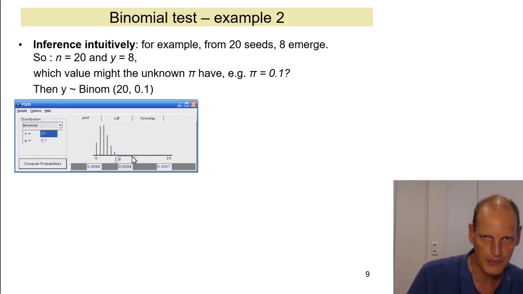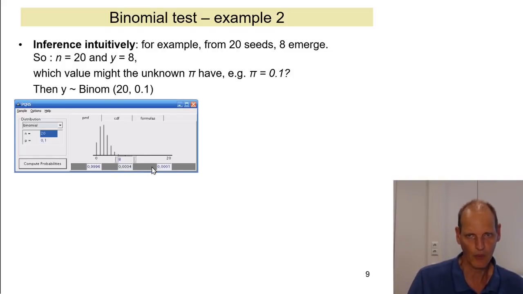And as you can see, the probability that you will find 8 or more is actually only 0.0005. So the question, could pi be 0.1? Answer, no. Well, of course, it is possible. It's not impossible, but it's very unlikely. So we reject that case. So the null hypothesis pi is 0.1 should be rejected.